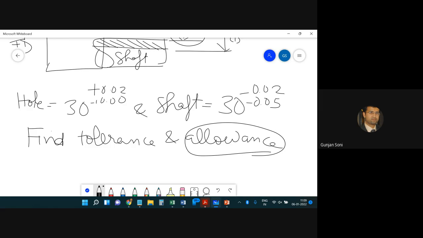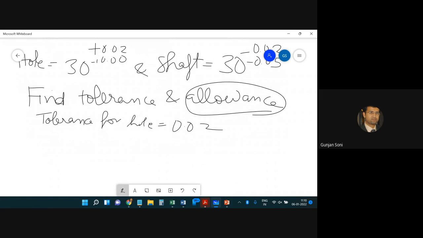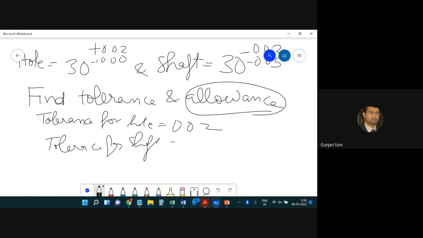Okay, do it. So tolerance for hole, tell me. 0.02. Tolerance for hole is the maximum minus minimum, that is 0.02, and tolerance for shaft is 0.03, again maximum size minus minimum size, the difference between that.